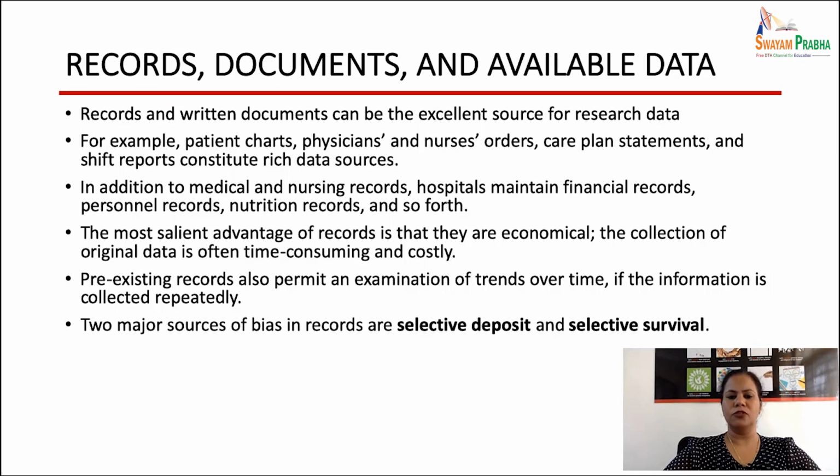Two major sources of bias in records are selective deposit and selective survival. Selective deposit means that sometimes all the records are not kept in the hospital and you may not get all the records.